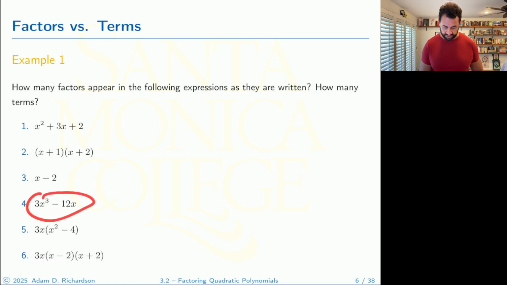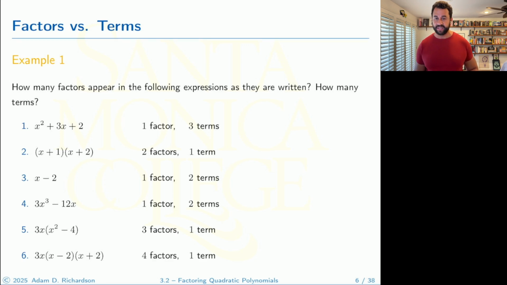So we took an expression here with two terms, one factor, and we converted it into an expression with one term and one, two, three, four factors. That is the process of factoring. All right, that's the idea. Here are the answers right here, by the way, just to have them listed.